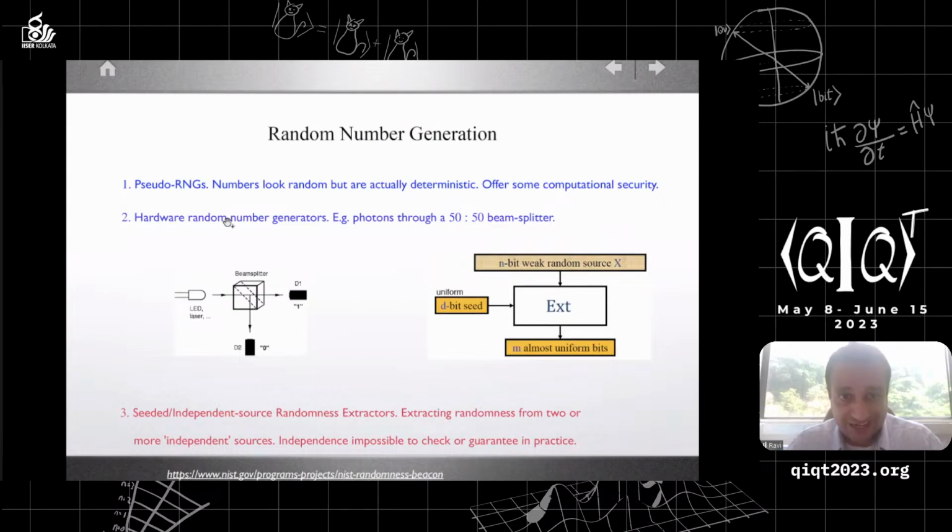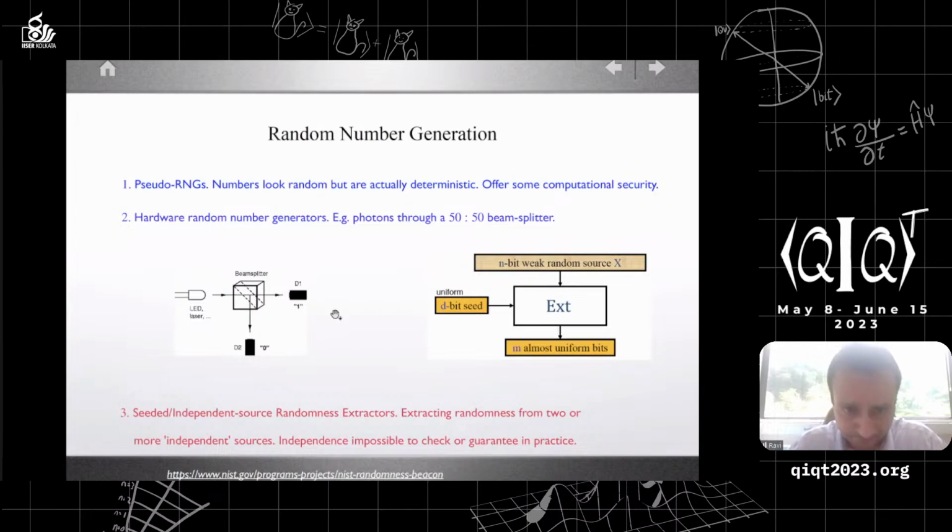Then there are what I call hardware random number generators, which produce such seeds. An example of a hardware random number generator in the quantum setting would be simply sending photons through a 50-50 beam splitter. But then here, of course, you have to trust that this beam splitter is 50-50 and that you're preparing single photons and so on.